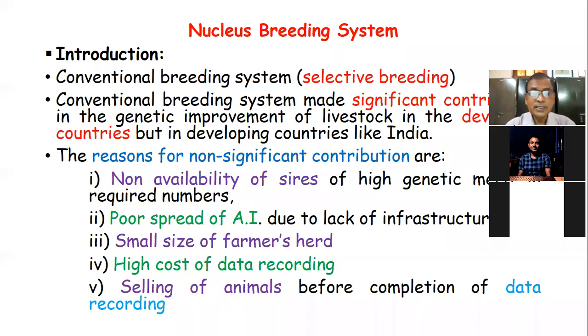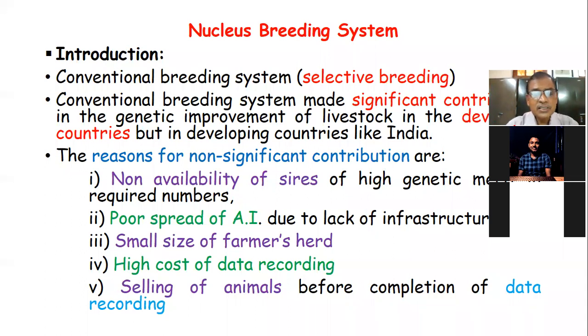Not only that, suppose a good sire is available, but not in sufficient quantity, because we want the improvement of a particular breed. There are several breeds; up till now, there are 50 breeds of cattle in our country. We want the improvement of all 50 breeds. For that, we have to have a sufficient number of sires of good genetic merit.